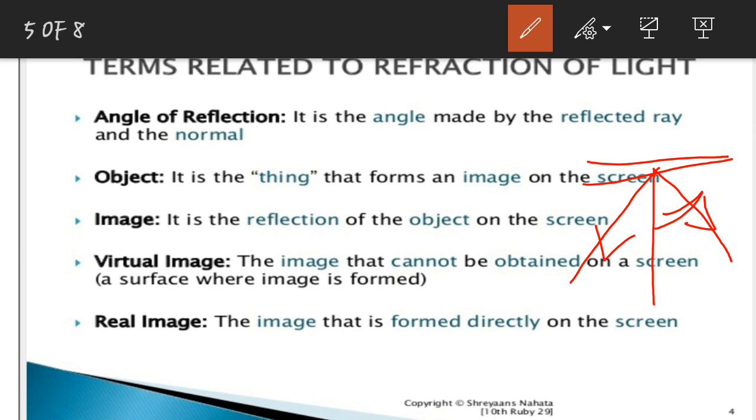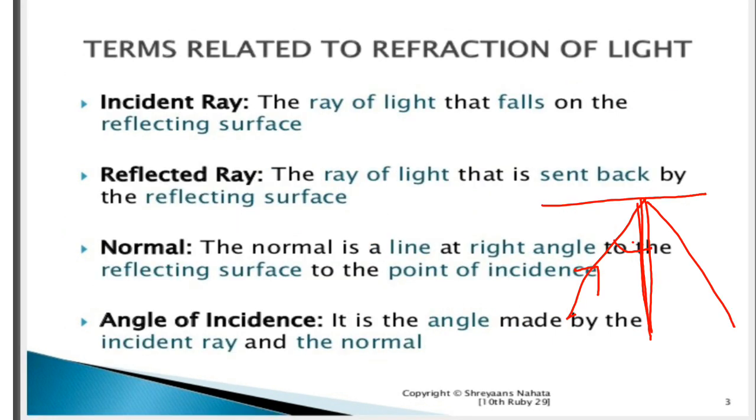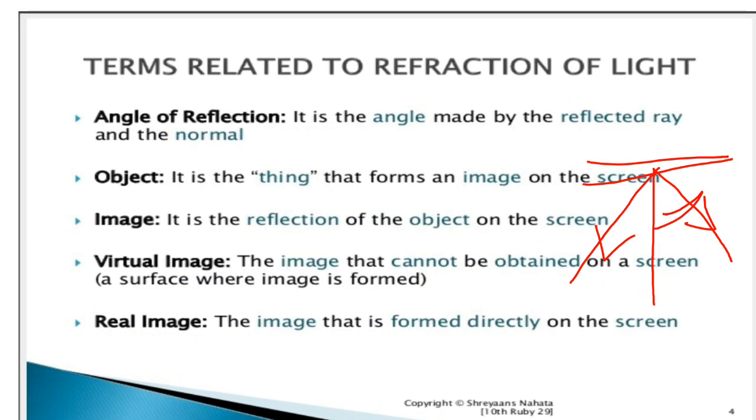An object is a thing which acts as a source. An image is what is formed on the screen after reflection. Then a virtual image is an image which cannot be obtained on the screen. Like if you are standing in front of a mirror, you can see your face only as long as the mirror is there.